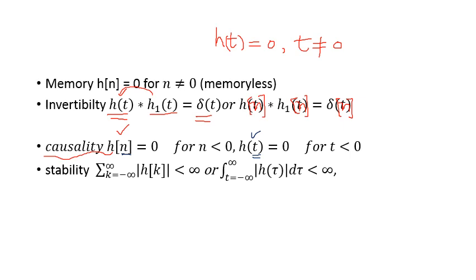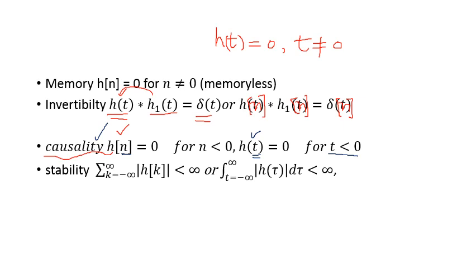So if h of t equals 0 when its argument, which is t, is negative, then such a system is called a causal system. Or if we talk about the discrete time case, h of n must be 0 when its argument is negative, then we say such a system is a causal system. If h of n is not equal to 0 when n is negative, in that case the system is non-causal.